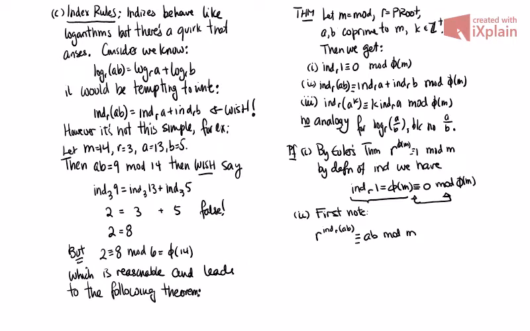But also, if you look at r to the index base r of a plus the index base r of b, that's the same as r to the index base r of a times r to the index base r of b, because when you multiply with the same base, you add the exponents. And the first of these is a, the second is b mod m. So the product gives us the same thing.